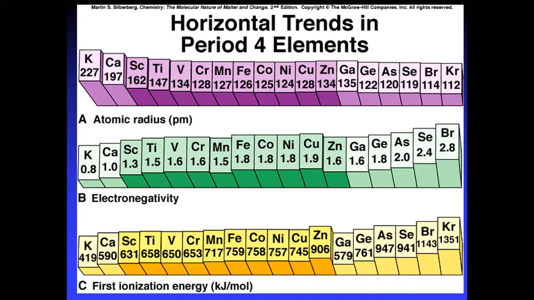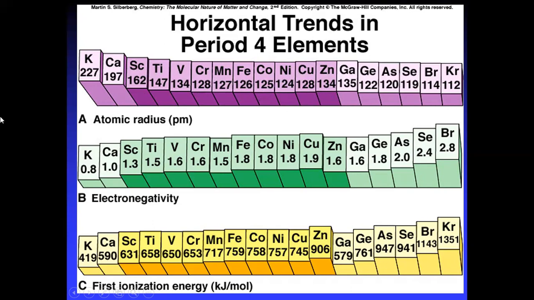The atomic radii of the elements from chromium to copper are very close. These are our elements, scandium to zinc.